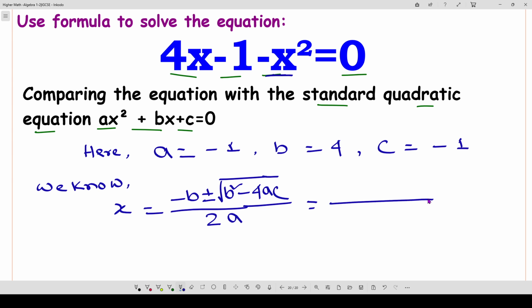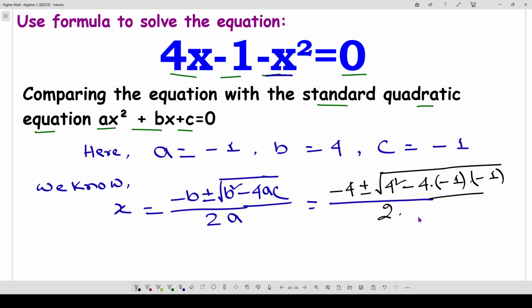So what is b? b here is 4, so we can write minus 4 plus minus root over b square, it means 4 square minus 4ac. 4 times a means minus 1, times c means minus 1. So we are going to multiply this one, and 2a, 2 times minus 1.